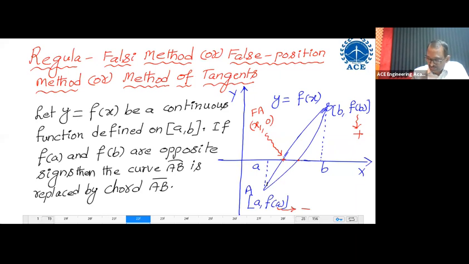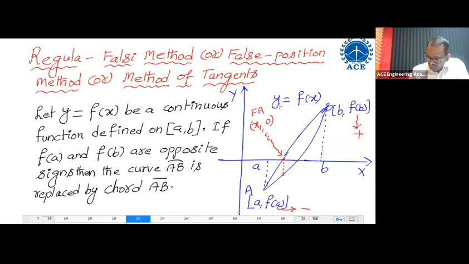At this point, at x1, come down perpendicularly. Don't raise the doubt. At x1, if you go up perpendicularly, you cannot reach the curve. That's why at x1, if you come down perpendicularly, you can reach the curve at this point.